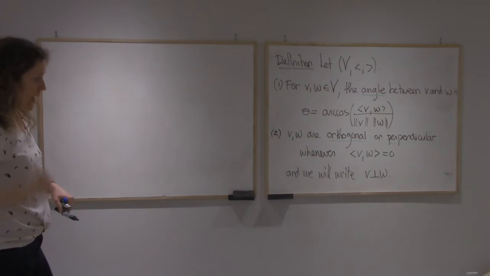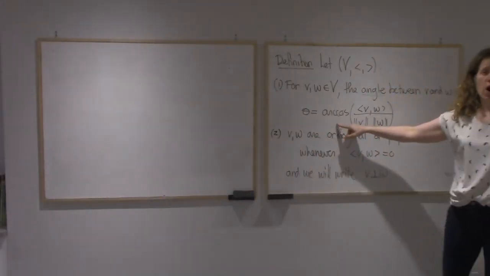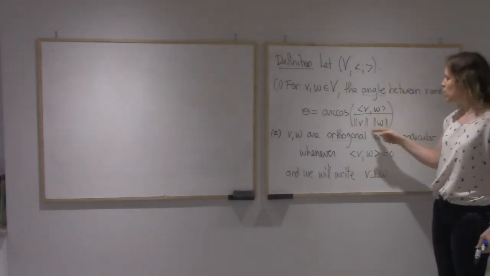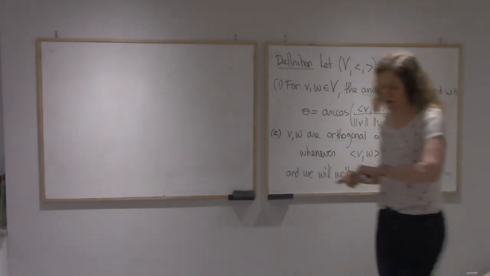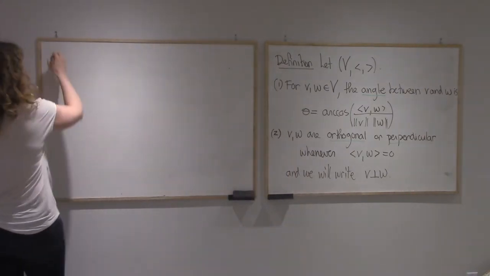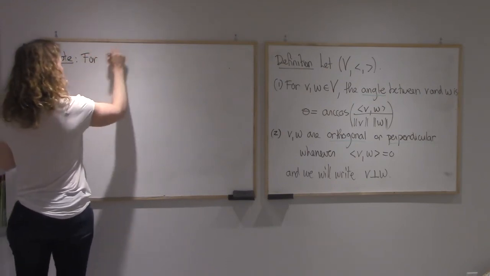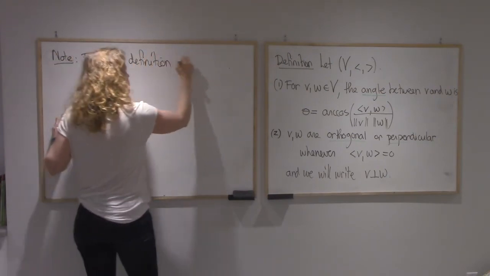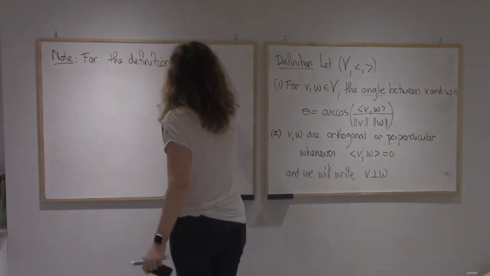One problem we could have with this definition is the fact that the domain of arc cos is pretty restricted. Since cosine takes values between -1 and 1, we would need this interior here to be between -1 and 1. Otherwise, arc cosine wouldn't make sense for the definition of theta.